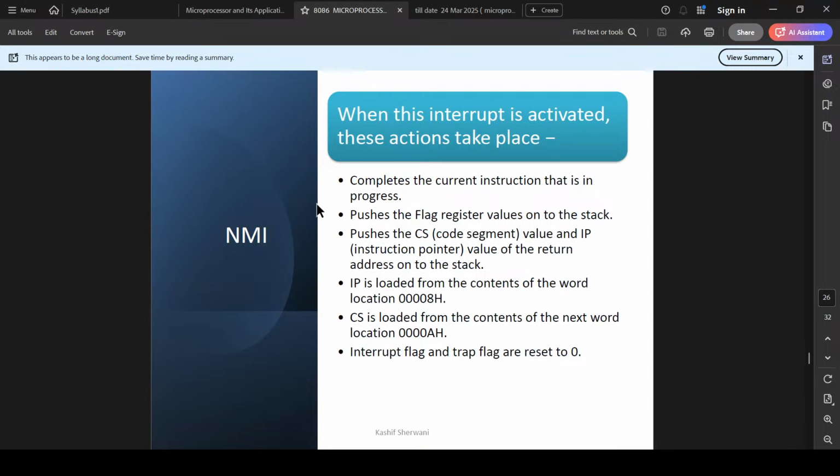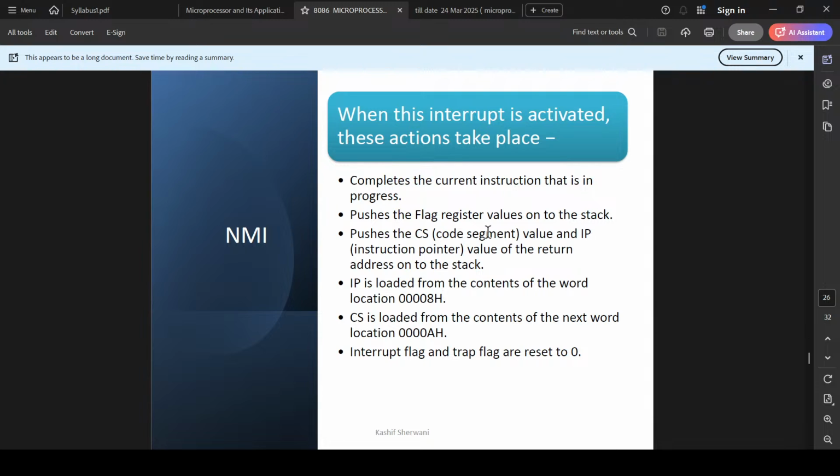Next, let's study about NMI only. When this interrupt is activated, these actions take place. It completes the current instruction as fast as possible, pushes the flag register value on the stack, and pushes the code segment value and the IP, instruction pointer value, of the return address on the stack.